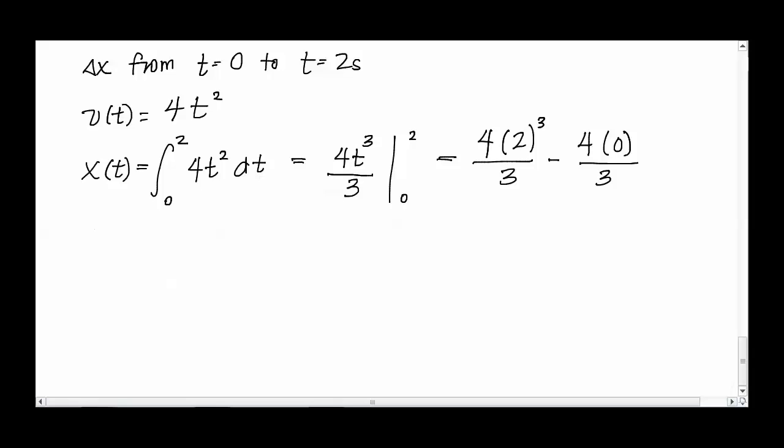And that will give us 4 times 8 divided by 3 minus 0. So 32 divided by 3. And leave it in a fraction form or simplify it. And in this case, it would be meters because we were looking for a position function, and we assume SI units unless otherwise noted. So that's pretty much it.